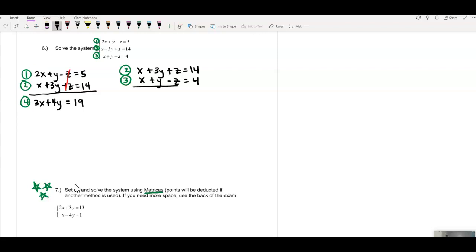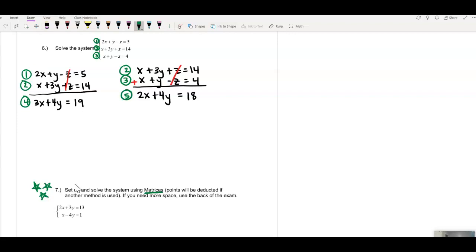And so again, nice, when I add these together, I see my Z's cancel out, which is awesome. So then I'm left with x plus x is 2x, 3y plus y is 4y, 14 plus 4 is 18. So now I have my new equation that I'm going to call equation 5.